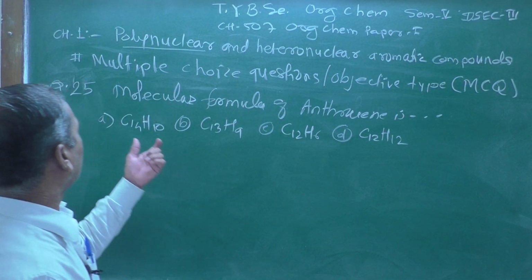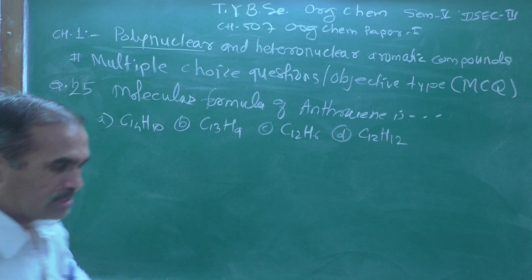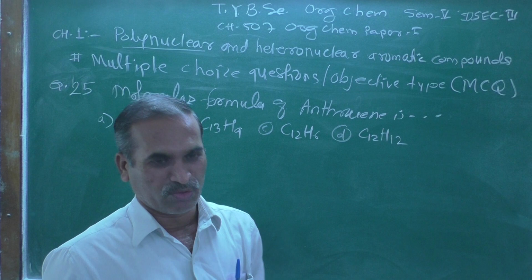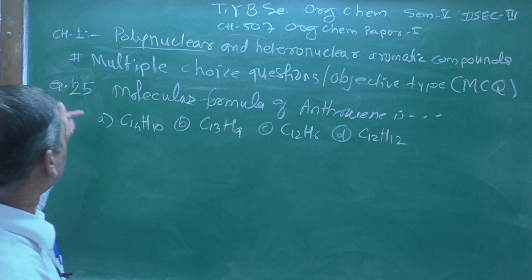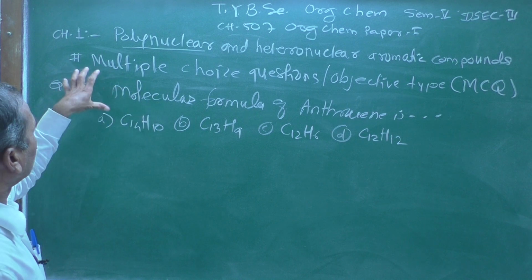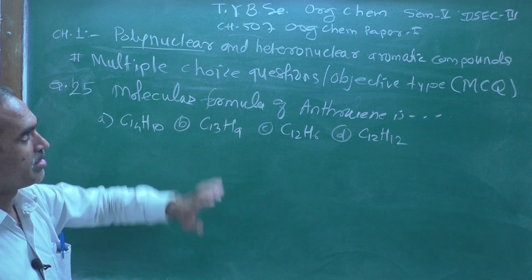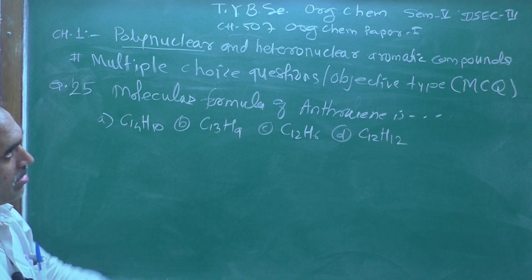And look here, so far we have discussed 24 multiple choice questions. Now 25, because we are learning the objective questions on chapter number 1. The name of that chapter is polynuclear and heteronuclear aromatic compounds.